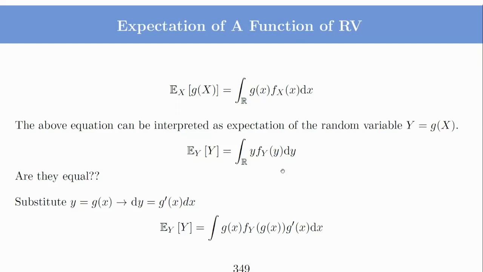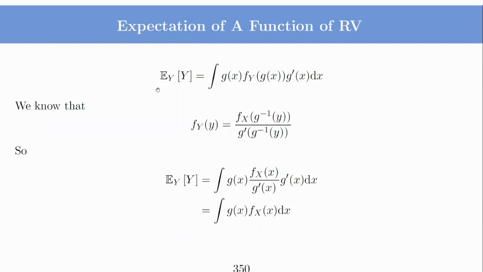We'll start with this expression, and in this we will do a substitution y equal to g(x). If you put y equal to g(x) here, y will become g(x) in the integrand, and dy will become g'(x) dx. So this is the expression we have now. Now we notice that here there is a PDF of y.